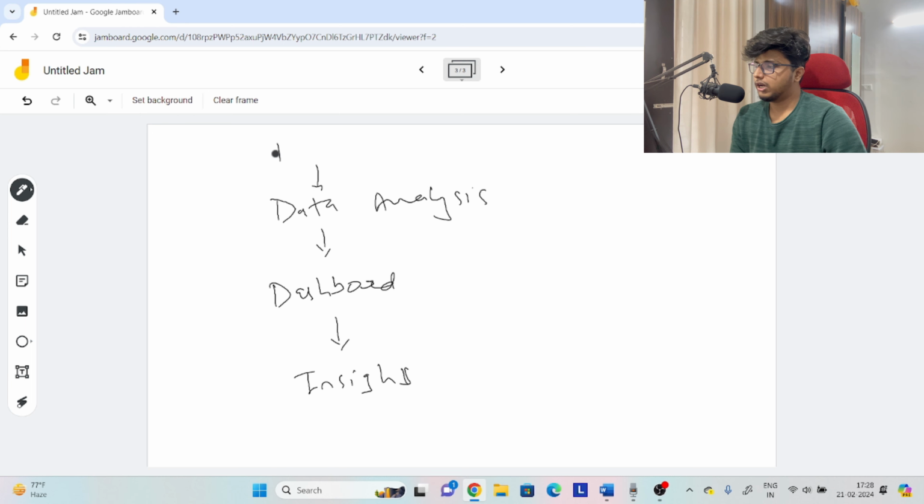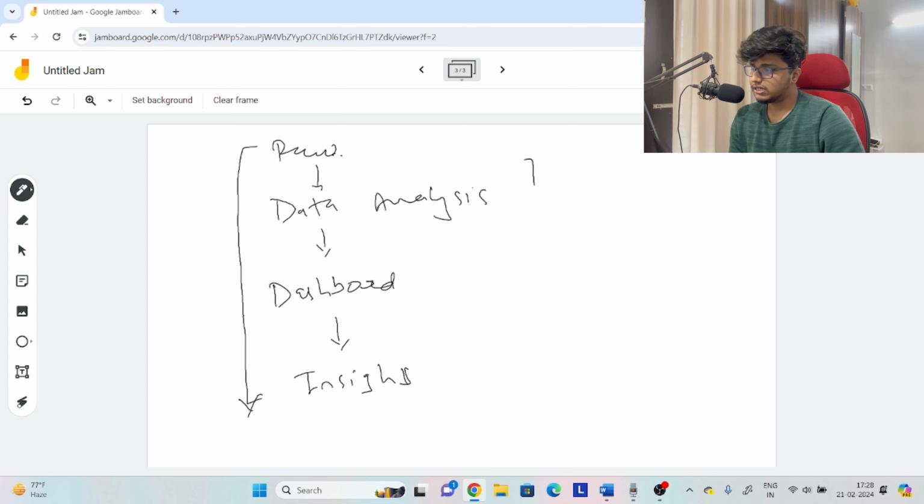So they get raw data, they do some analysis on it, and they show that analysis on a dashboard, and on the dashboard you see that analysis and you can relate it to insights. So let's say this is a basic project that the company is doing.